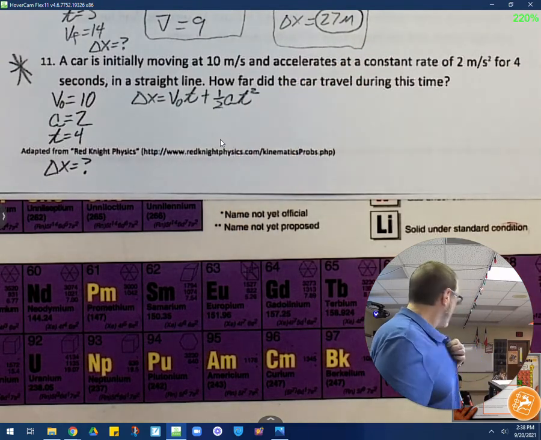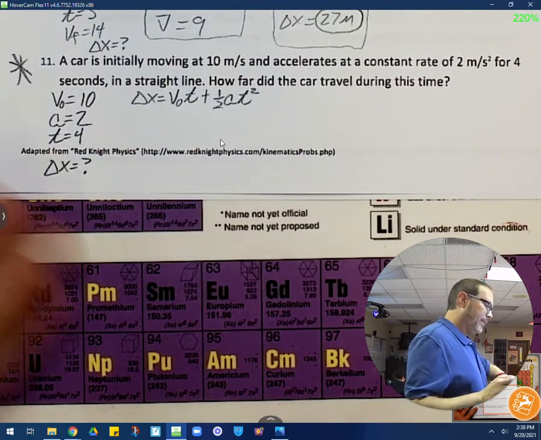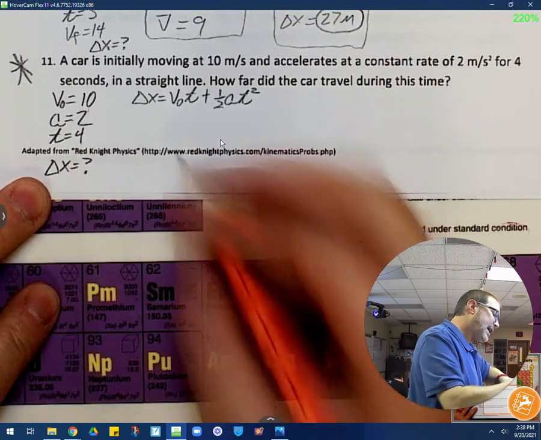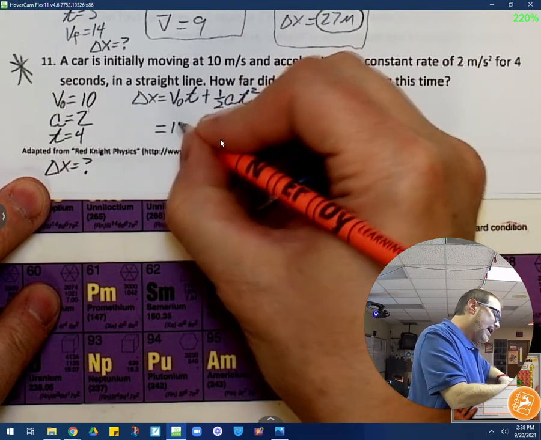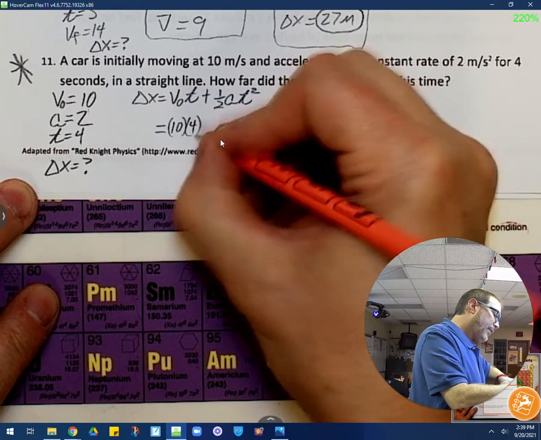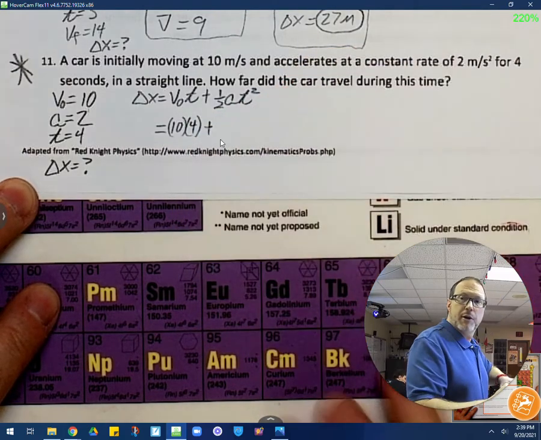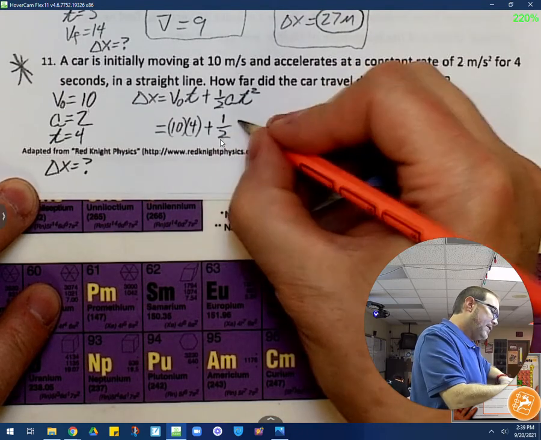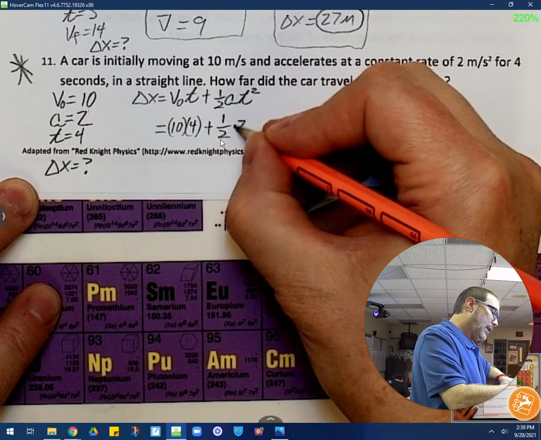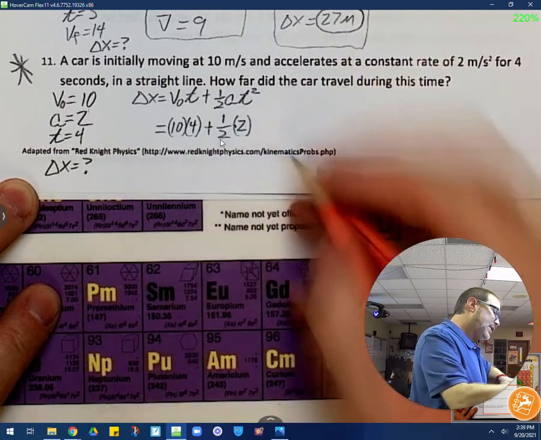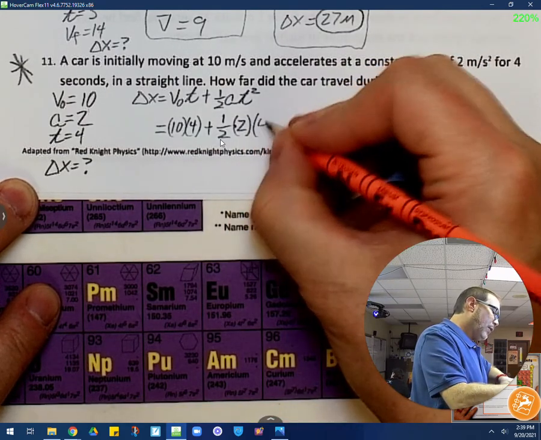Now I know all of those numbers, right? So I can just start plugging them all in. So I'm going to go V0 times t. So that's going to be 10 times 4 plus 1/2 of 2 times t squared, so 4 squared.